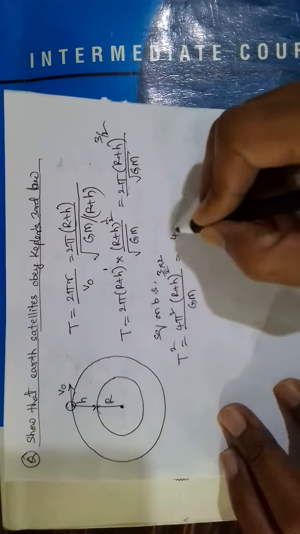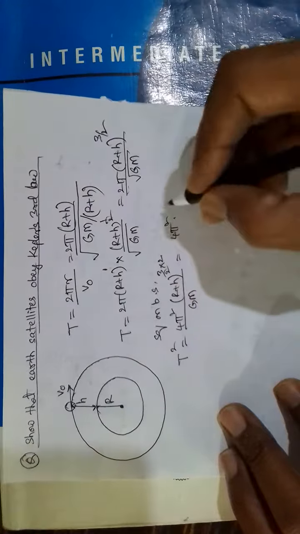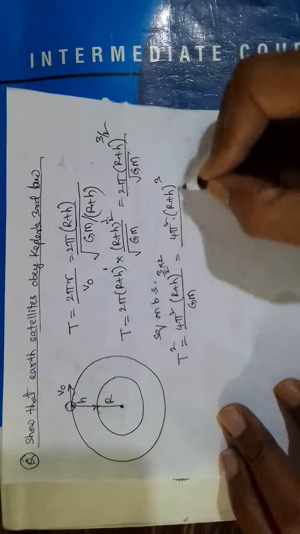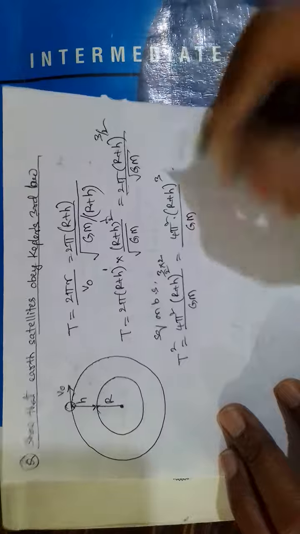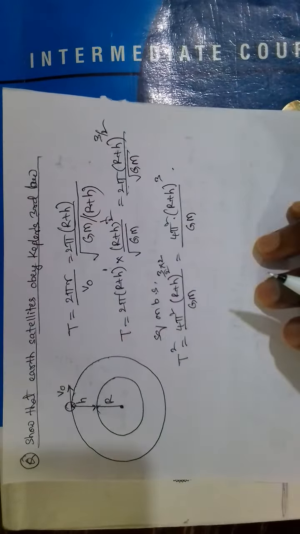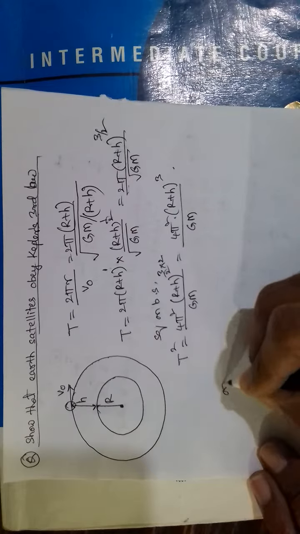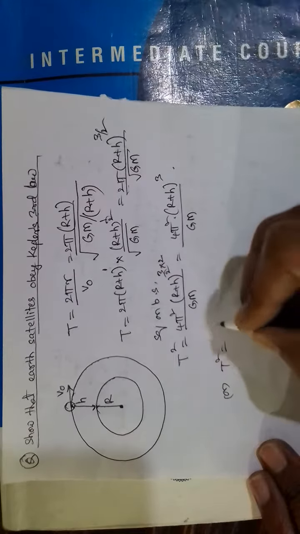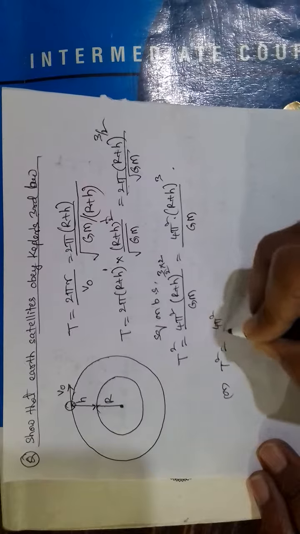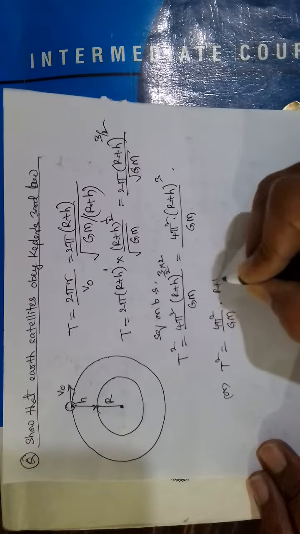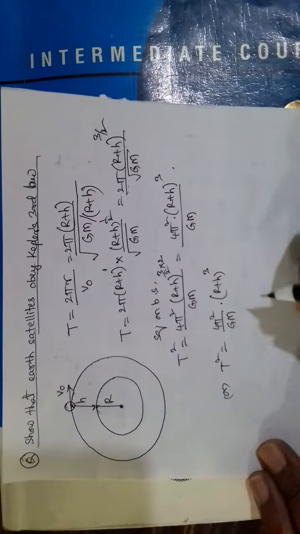So we get 4 pi square, the 2 gets cancelled, (R plus h) cube by GM. Or T square is equal to 4 pi square by GM into (R plus h) cube.